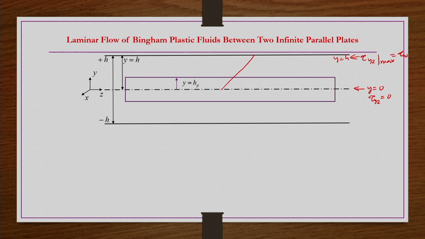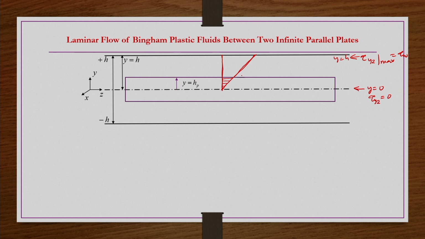So, now what happens? Let us say at y equals 0, velocity is going to be maximum, and then at y equals h, it is 0. Shear stress is 0 here, and gradually it increases.